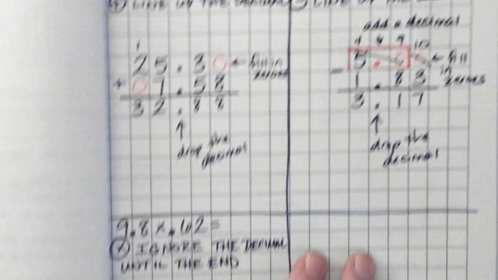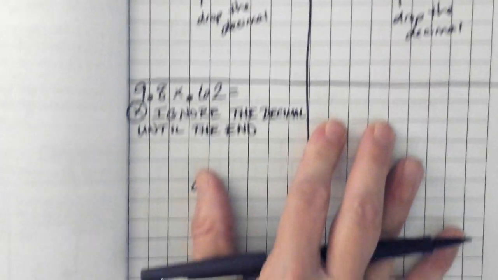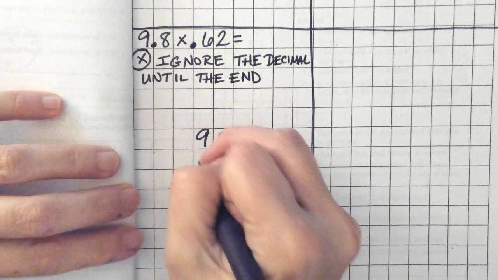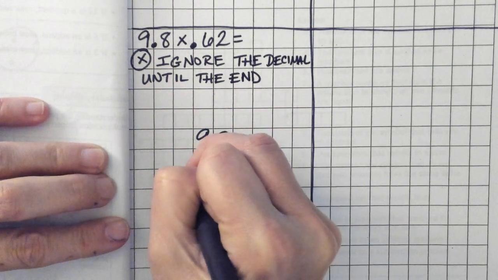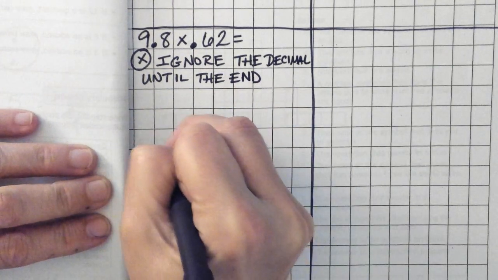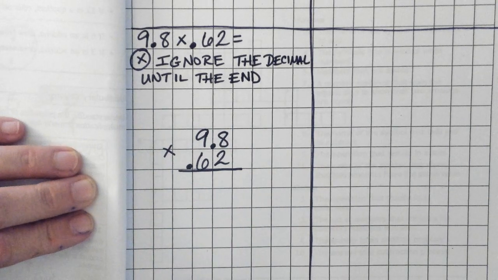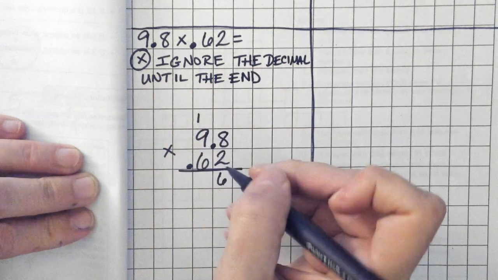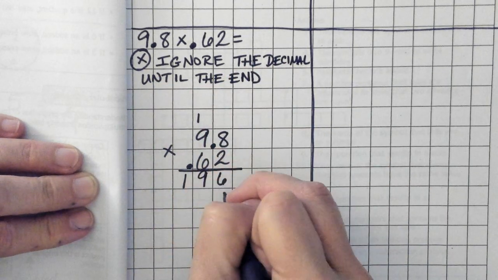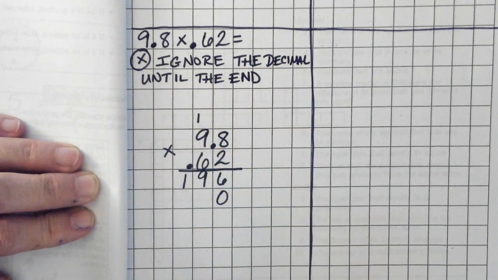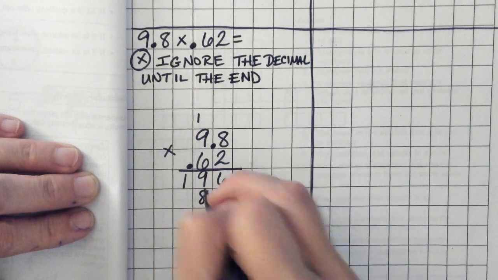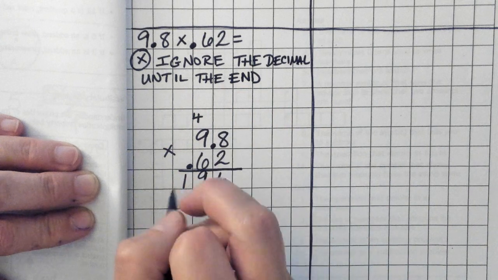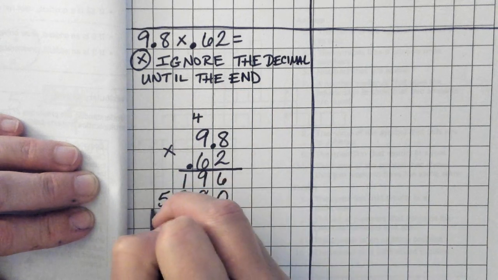So when I was lining up decimals, I gave the decimals their own place. Right now I'm ignoring them. Okay? So I've got 98, and I've got 0.62, and I'm going to multiply. Okay? So 2 times 8, 16, 18, 19, place holding 0, 6 times 8 is 48, 6 times 9, 54, plus 4, 58.